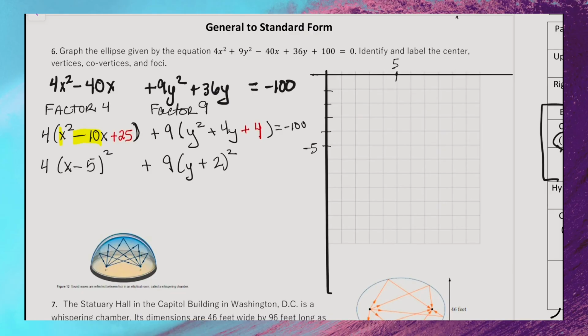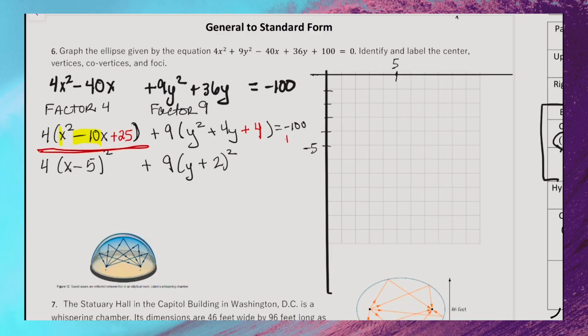Now, I have to be careful right now because I have just inserted the 2 red things. I have inserted into an equation items that weren't there before. And remember, the rule in math is if you do it to one side of the equation, you have to do it to the other. So the left side, just by putting the 25 there, this is actually me adding a 100 because of the 4 that's out front.